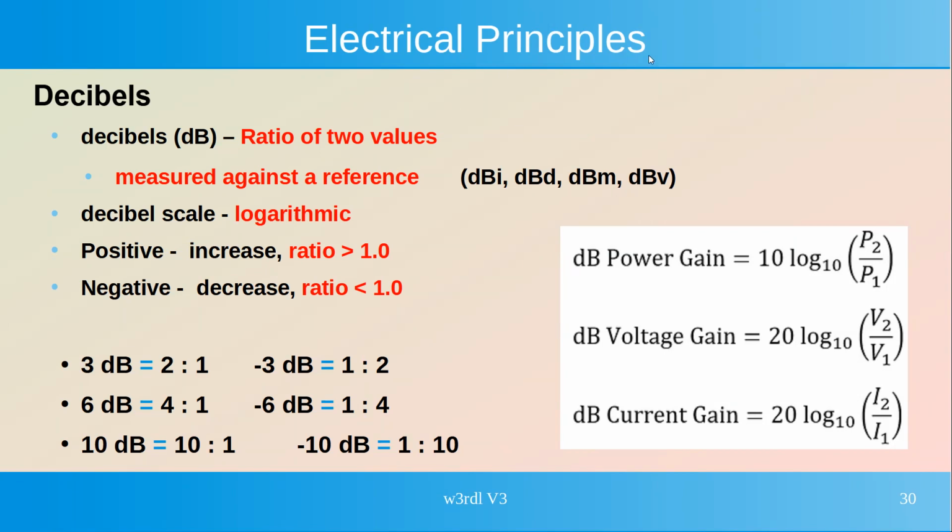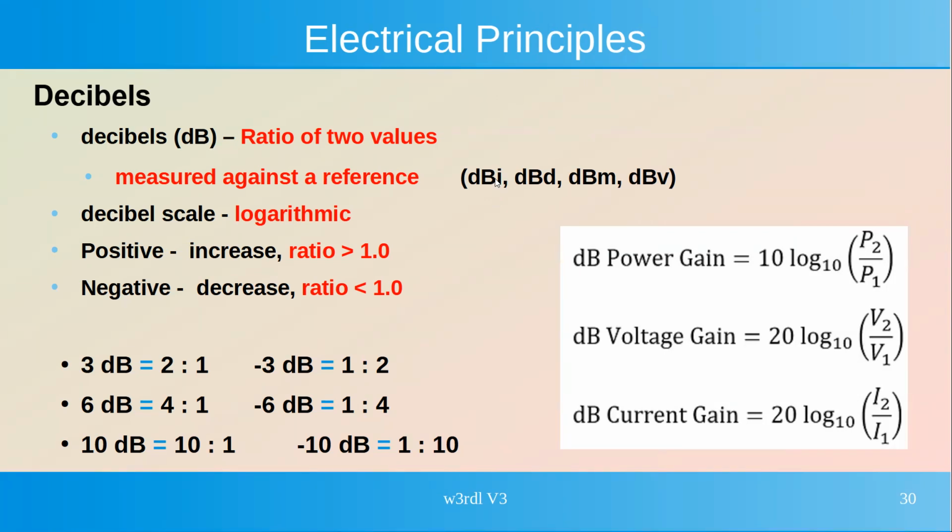As far as when we actually use these, we normally will write them, like in the case of antennas, as dBi, which is a dB relative to the isotropic radiator, which is a theoretical point source antenna.